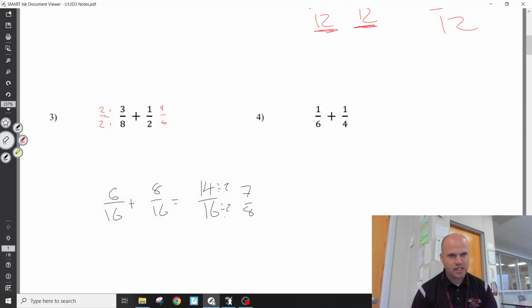What you realize is we don't need to get to 16ths. We can go to the least common multiple by just keeping this 8 and turning this 2 into an 8. And this is kind of something that we may see later, this idea of keep it simple, don't go and make it overly complicated by multiplying both by the other's denominator. Sometimes just keep it simple.